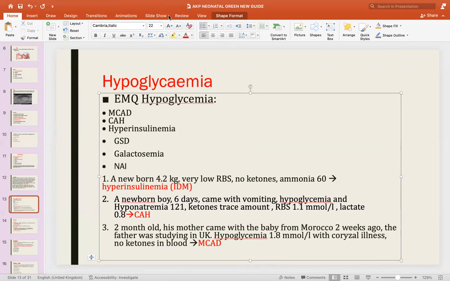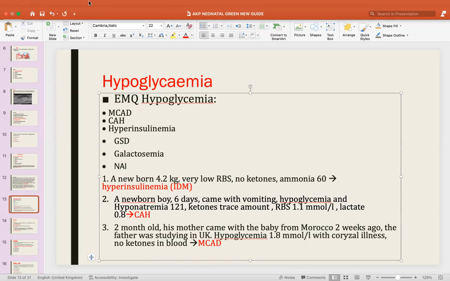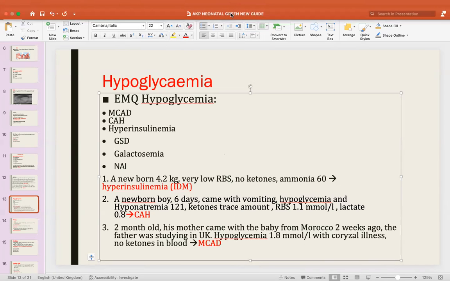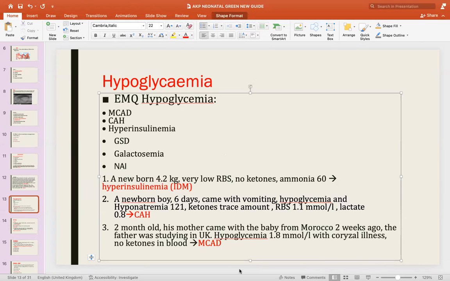So in starvation, will ketone bodies be present or not? Raised. Yes, very good, high. Because it is called starvation ketosis. So remember, ketone body present is starvation ketosis. But ketone body absent with hypoglycemia is MCAD.